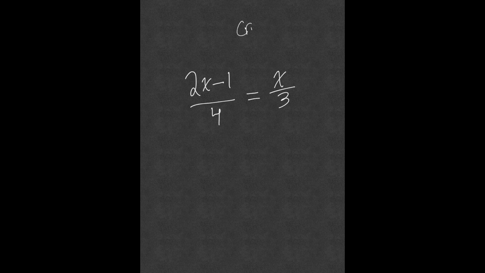So what that means is you're going to take the numerator here on the left, and you're going to multiply it by the denominator over here. And likewise, you're going to make a cross, and you're going to use the denominator here on the left and multiply it by the numerator on the right here, x.